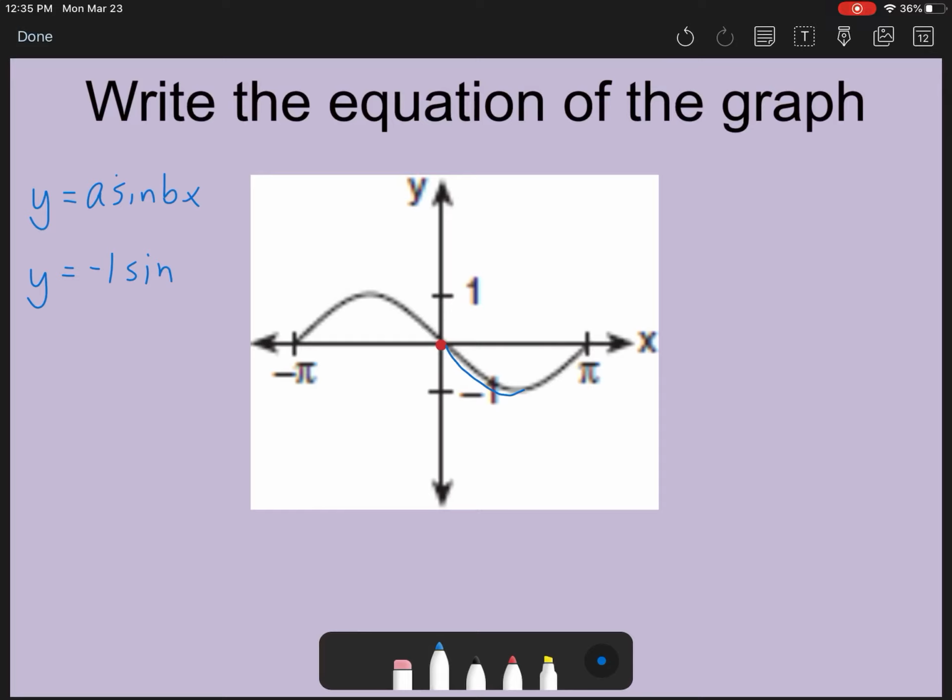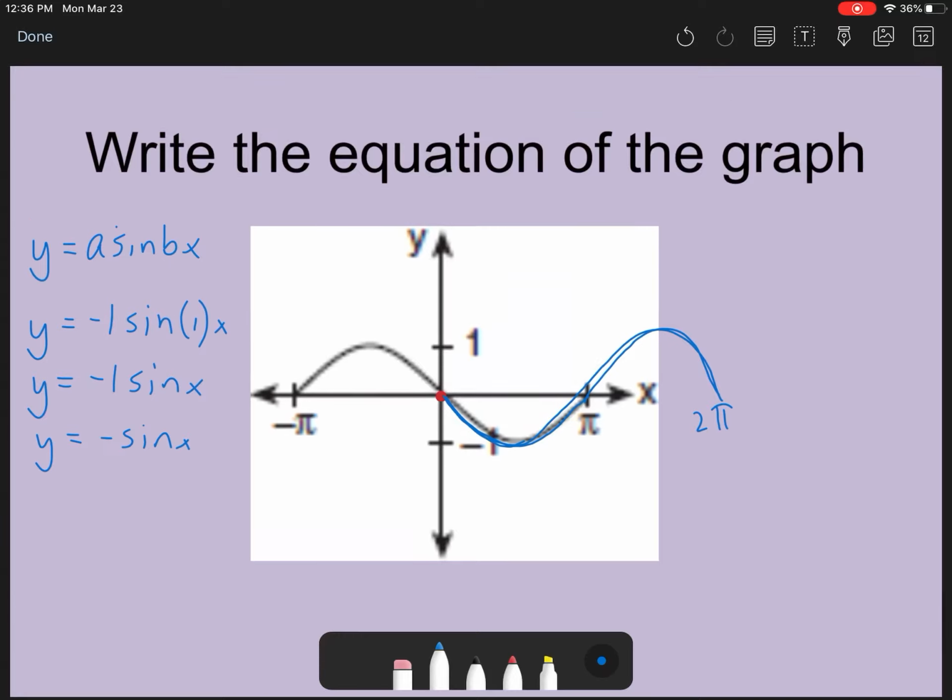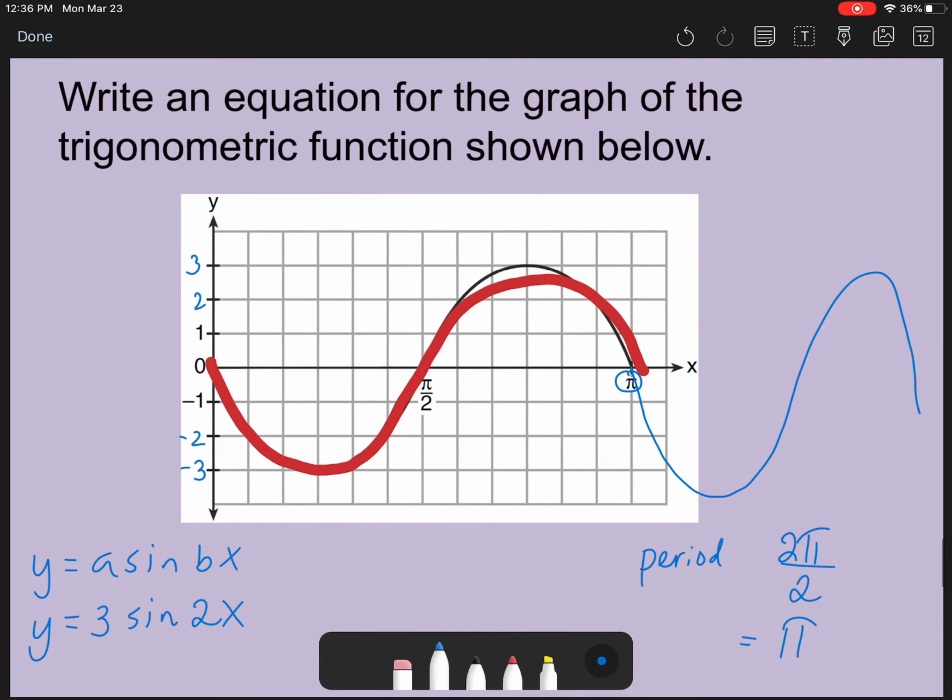Okay, -1 sine of, okay, now b is the frequency. How many full sine curves are we going to have? Notice this is only part of the sine curve. We have to extend it further, and it's going to wind up at 2 pi here. So because we have only one sine curve, the b value is 1. Cleaning this up here, we get -1 sine of x, or you could rewrite that as negative sine of x.